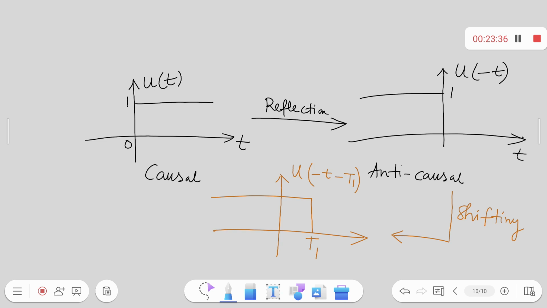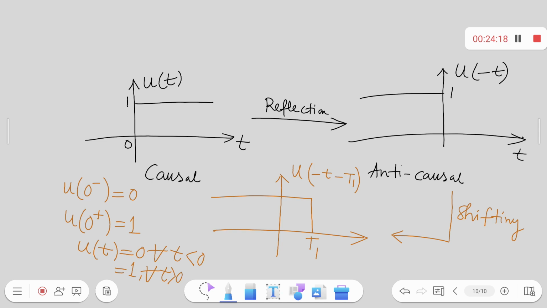U of 0 minus is 0 and u of 0 plus is 1, so there is a discontinuity at t equal to 0. u of t is 0 for all t less than 0, and 1 for all t greater than 0.